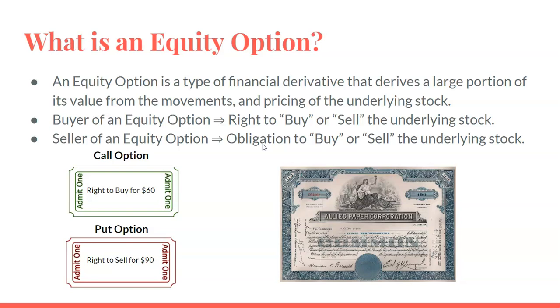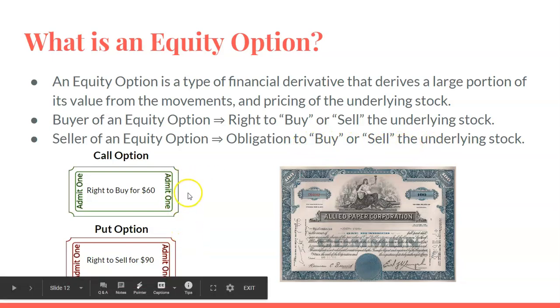In this case, it's lottery ticket winnings. Same idea with an equity option seller. An equity option seller is obligated to fulfill their obligation, whether that's buying or selling the underlying stock from you, depending on what it is that you're buying, a call option or a put option. And we'll get into more of that in a moment as well.